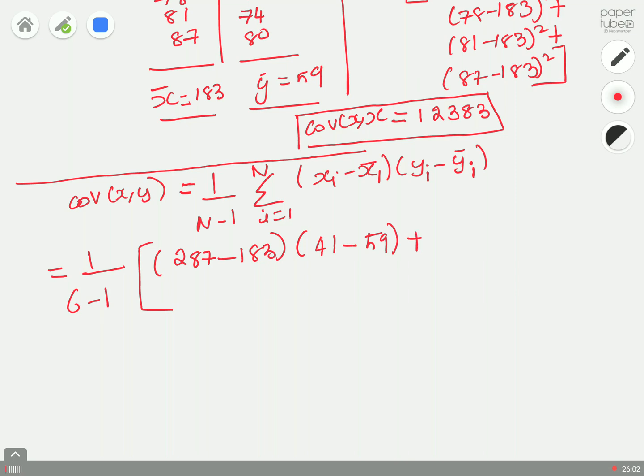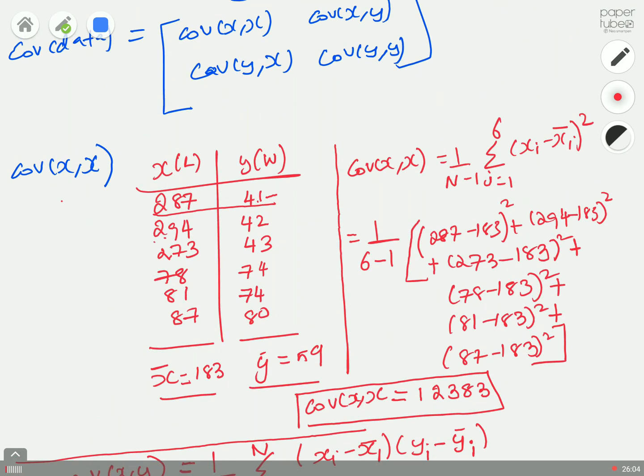Plus again, you go to the table, 294 minus the average of x, 183, multiplied by 42 minus 59.